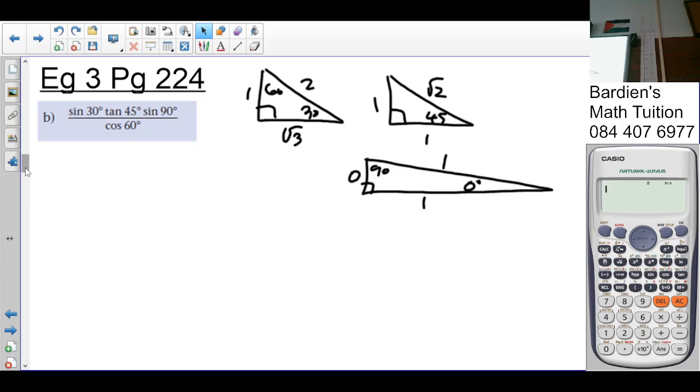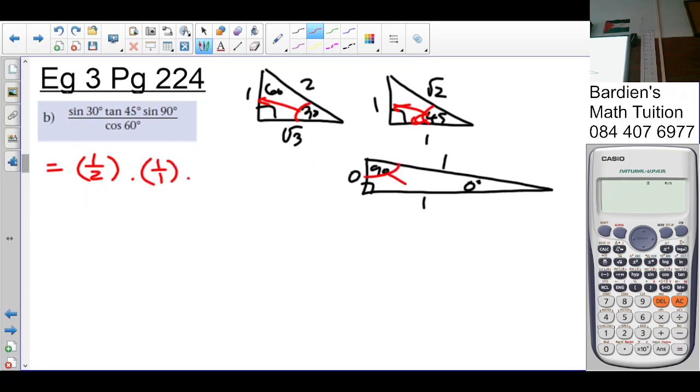Okay, so sine of 30. Sine is opposite over hypotenuse, so it's 1 over 2 times tan of 45, 1 over 1. Sine of 90, opposite over hypotenuse, is 1 over 1.